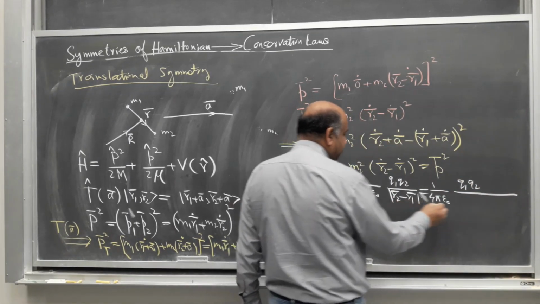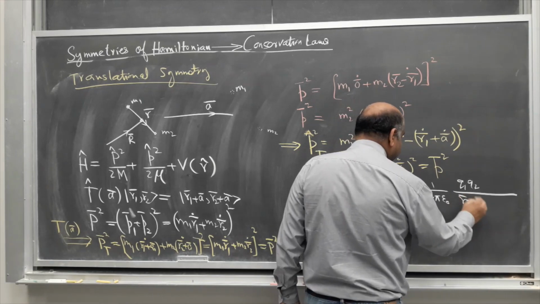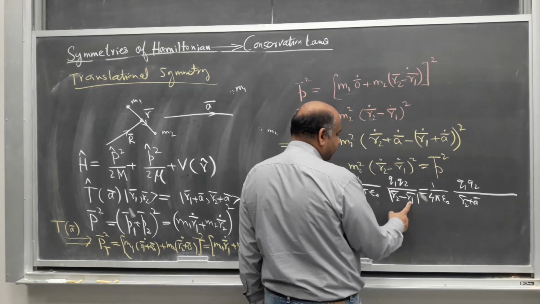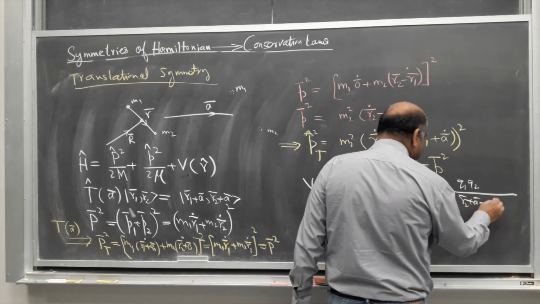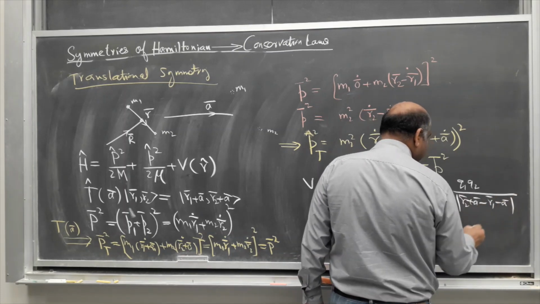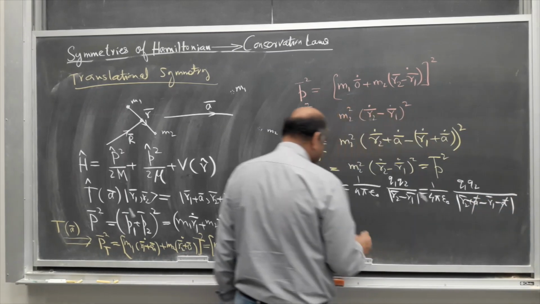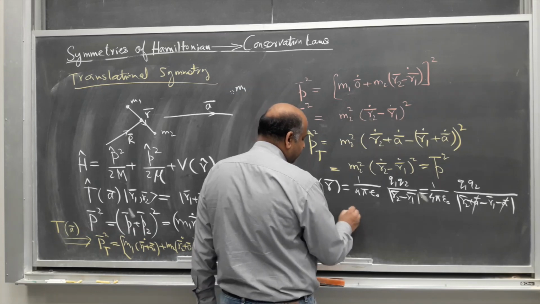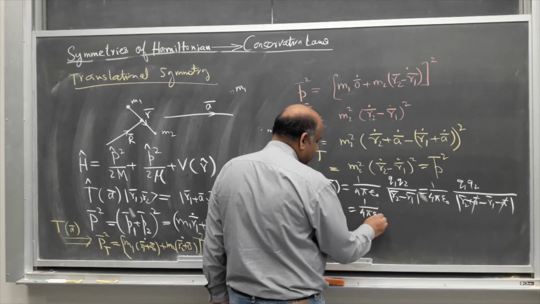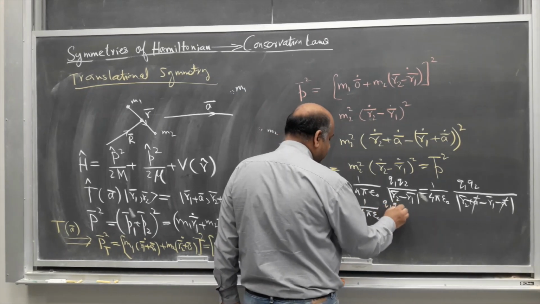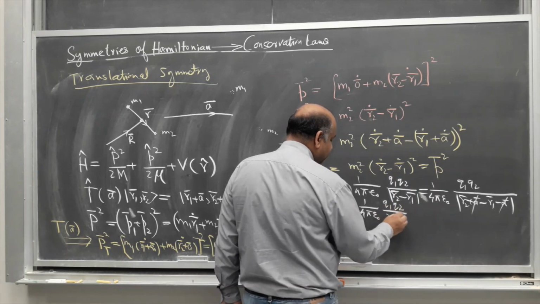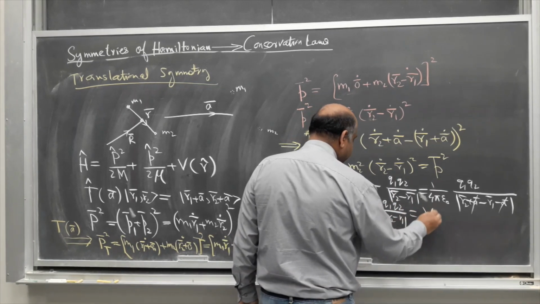Now this r2 changes to r2 plus a, r1 changes to r1 plus a, and there's a minus sign here, so this is r1 plus a with a minus sign. Now these a's are cancelled, and we have the same potential as before.